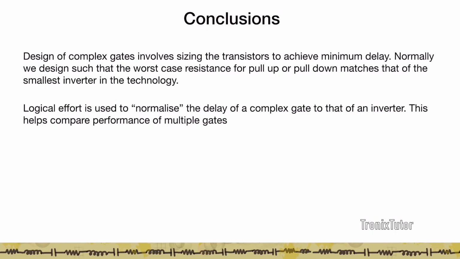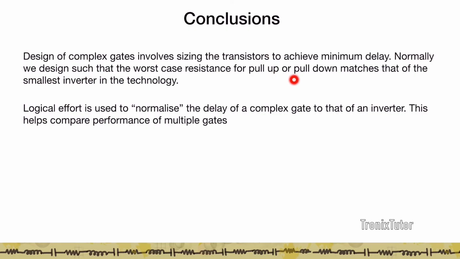To conclude, design of complex gates generally involves designing the transistors to achieve minimum delay. One way to do that, which is what we normally use, is to ensure that the pull-up resistance and the pull-down resistance, in the worst case, match that of an inverter.